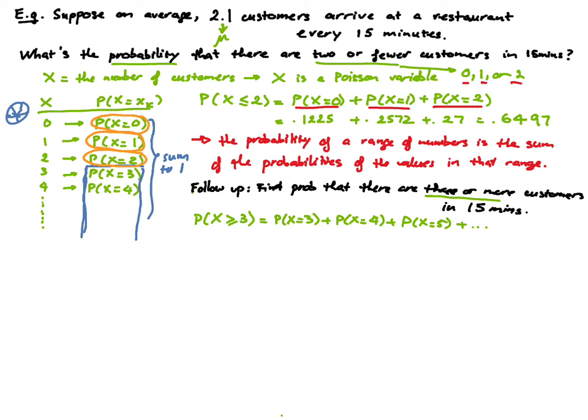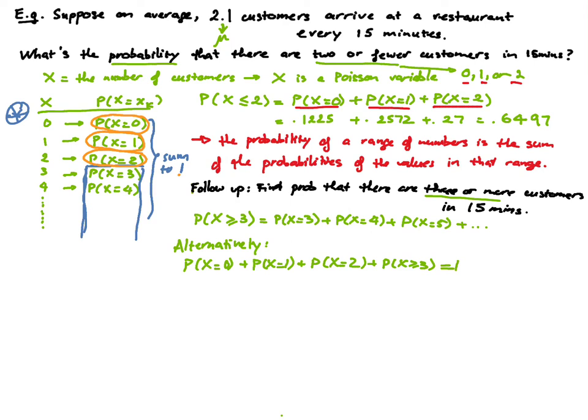That sum is equal to 1. So let me write that down. Alternatively, the probability that x is 0 plus the probability that x is 1 plus the probability that x is 2 plus the probability that x is greater than or equal to 3 is equal to 1.